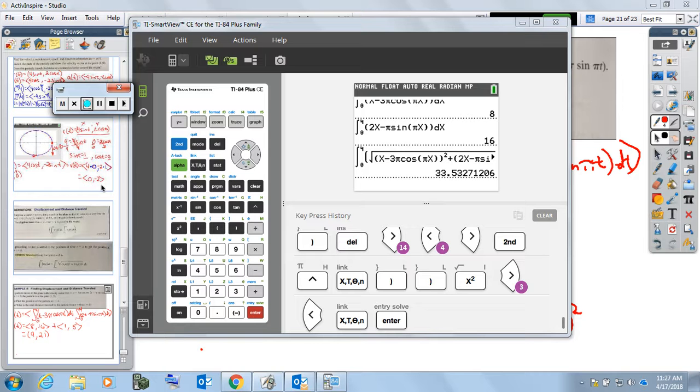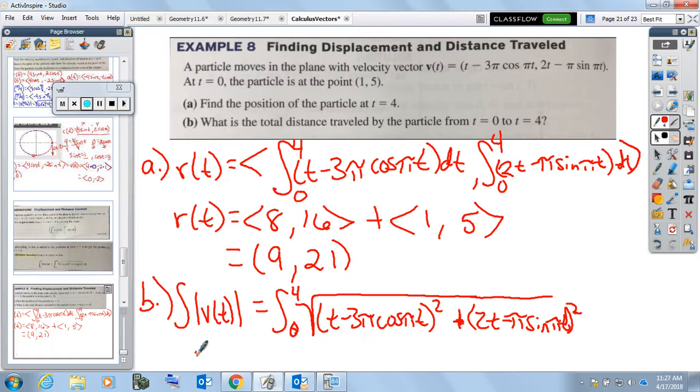And so utilizing our integral function here, I've gone ahead and substituted in our function. Again, we're from 0 to 4, and just make sure that your parentheses are in line when doing so. And so you end up getting 33.53 for the value. And so that actually is the total distance traveled.